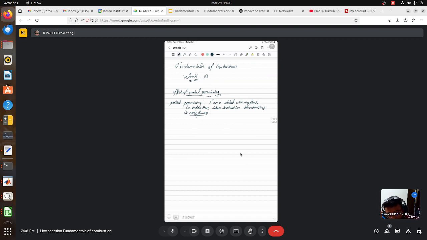So if you consider an LPG plus air mixture, here 40% of the stoichiometric value is the thumb rule value, above which you will have a premixed flame.